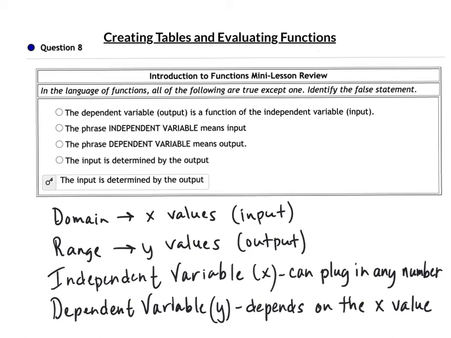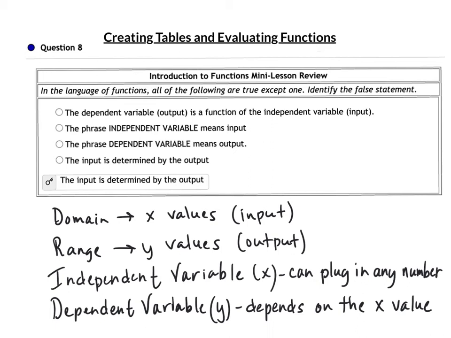All of the following are true except one. Identify the false statement. The dependent variable is a function of the independent. That's true. The dependent variable depends on the independent. The phrase independent variable means input. Yes, independent means you can put anything in you want.